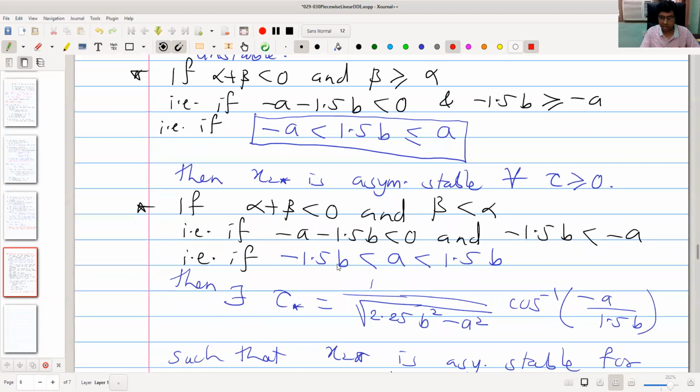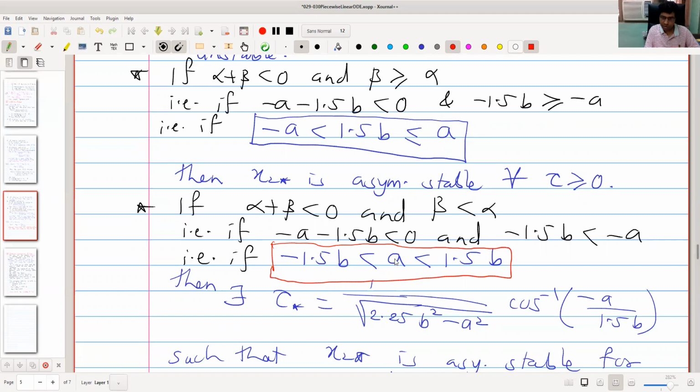What is the third condition? The third condition is like this. Finally, this is the only requirement. Our 1.5b is 0.3 and a is 0.16.